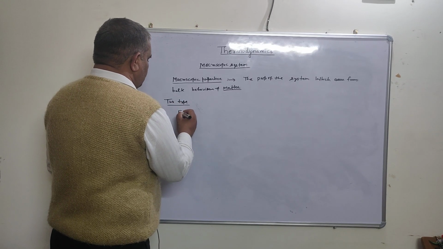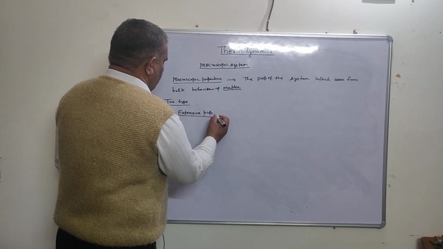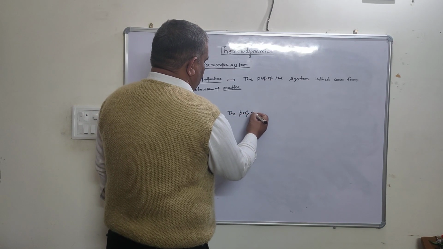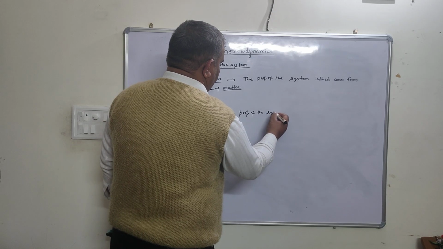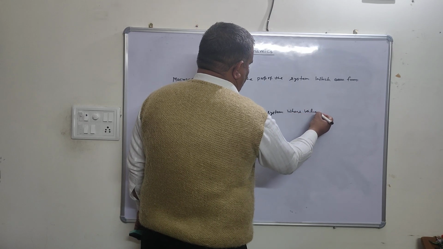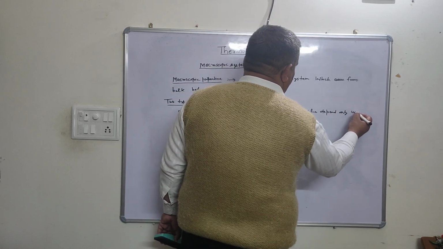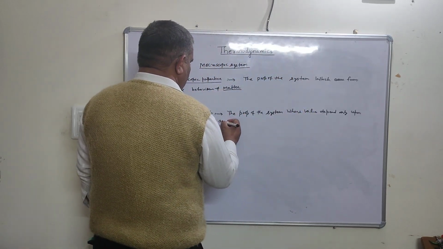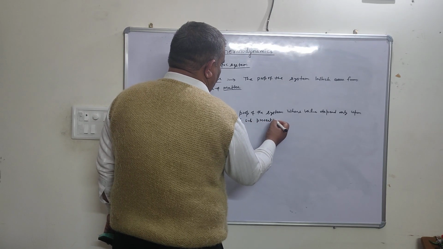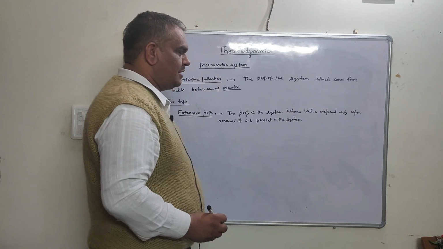First is extensive property. The properties of the system whose value depends upon the amount of substance present in the system are called extensive properties.